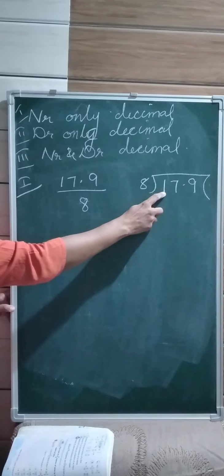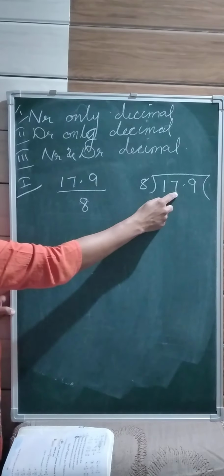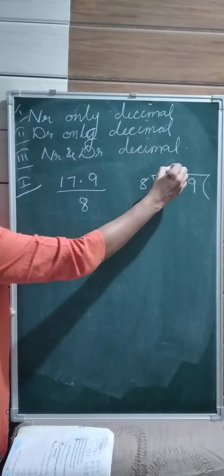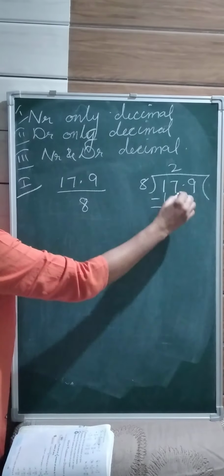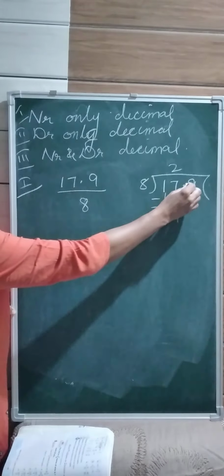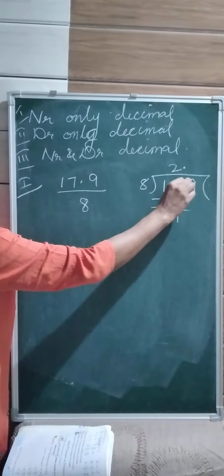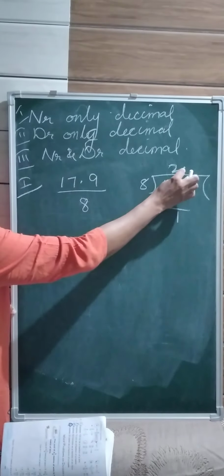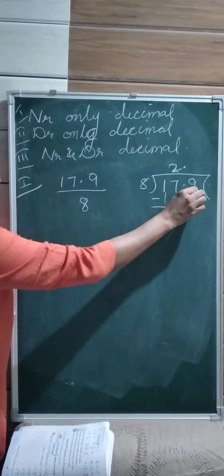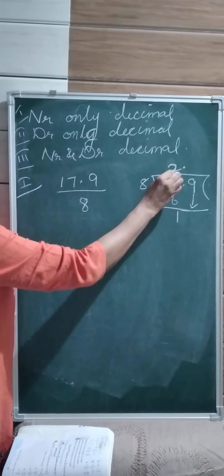In 1, 8 will not go, it's less than 8. So I am taking 2 digits. In 17, how many times? 2 8s are 16. 1. Next is the decimal, so you can put a decimal here in order. After 7 we can put a decimal. Next number is 9. Don't forget to put the decimal here.